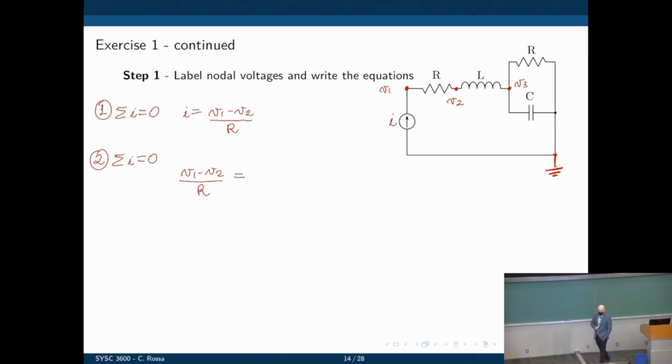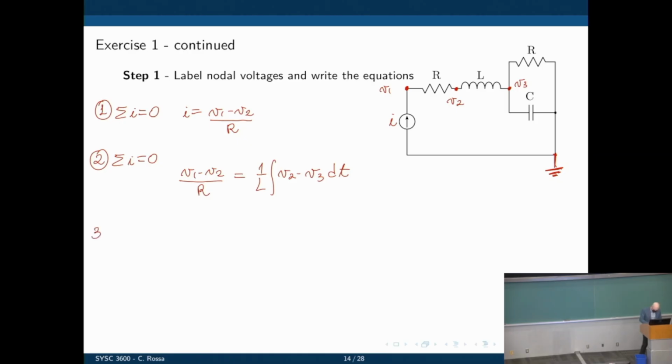What is the current across the inductor? 1 over L, integral of the voltage difference across the inductor, which is V2 minus V3 dt. It's the voltage difference, the net voltage across the inductor.